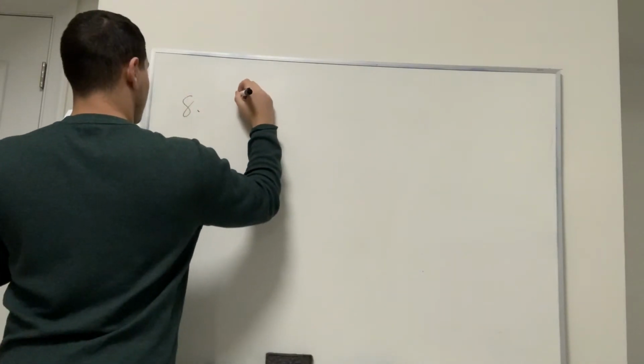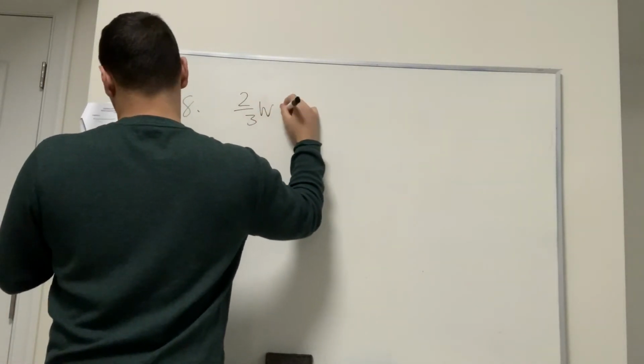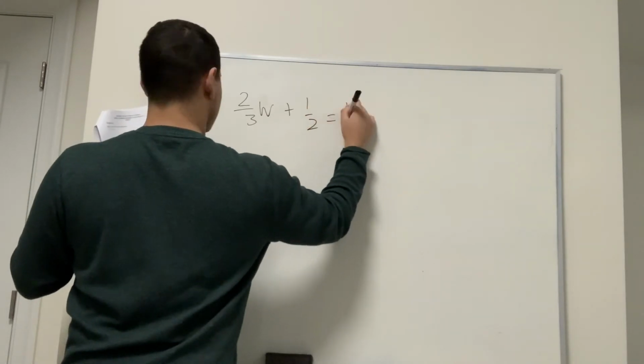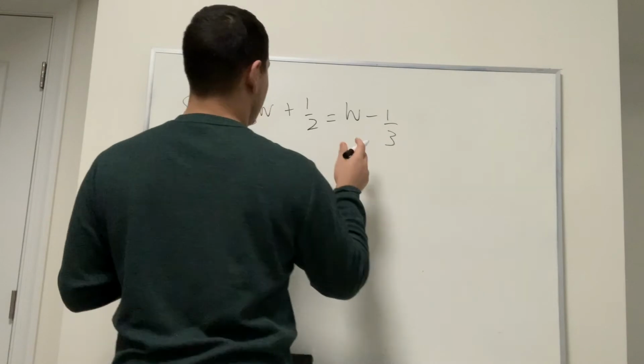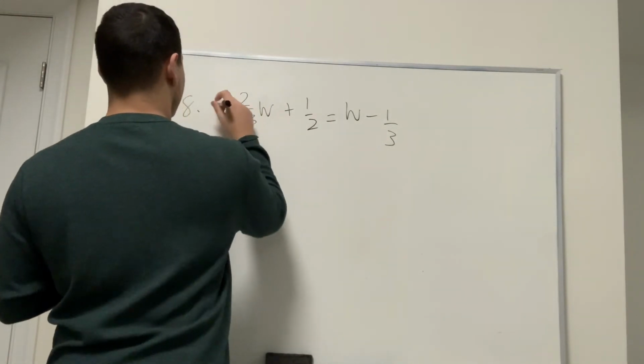Number 8, 2/3 w plus 1/2 equals w minus 1/3. I'm going to subtract 2/3 w from both sides.